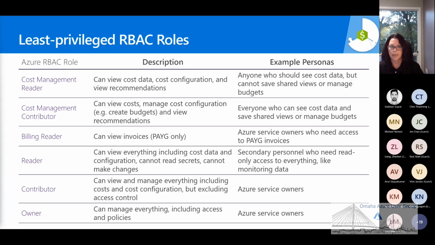So not necessarily an enterprise agreement, but if you're using a Visual Studio Enterprise agreement and you've got a subscription set up, this would be a pay-as-you-go type. So those are the three main areas, and we're going to demo how to set those up using management groups. We'll tie that all together.